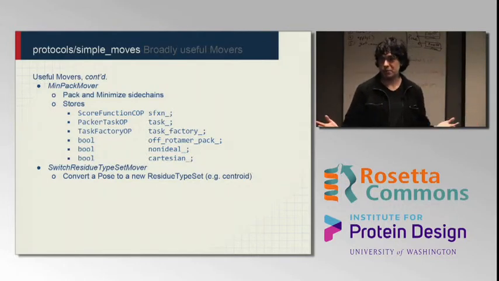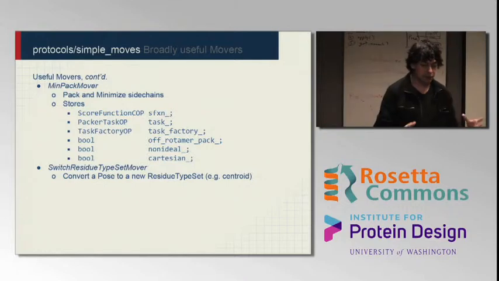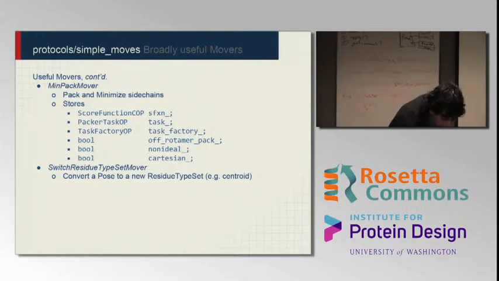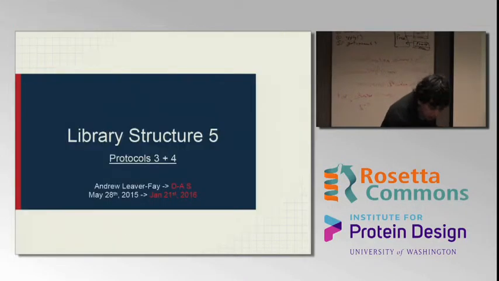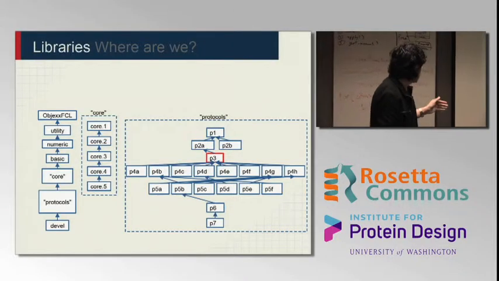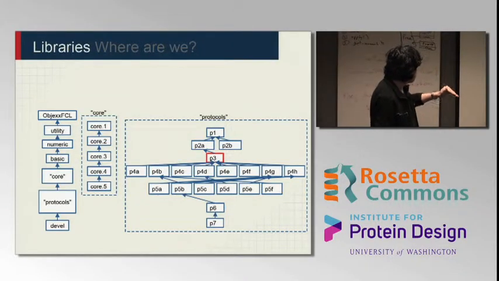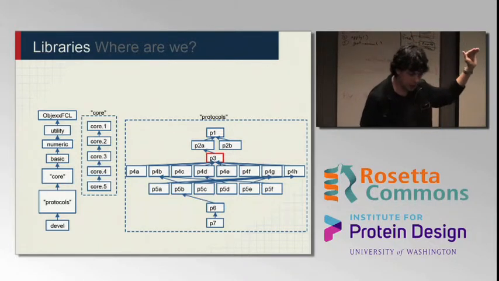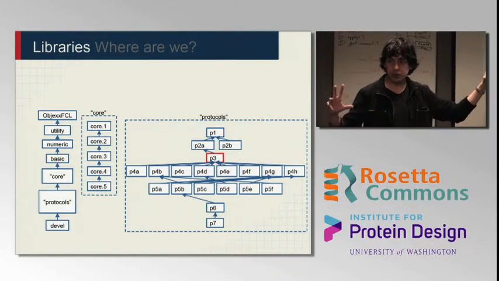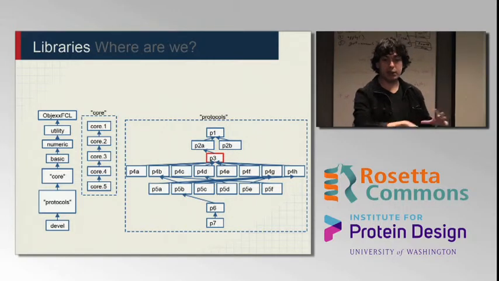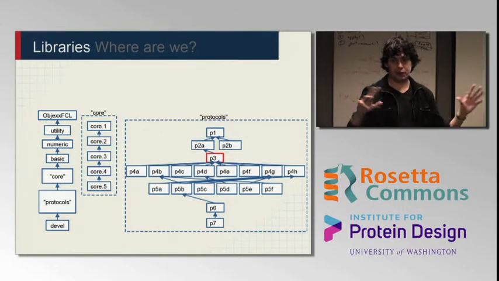It will take some time, probably. But in principle, the foundation of Rosetta is everything below protocols, so from core down to the objects is what builds Rosetta. You could take that and build anything in protocols if you have enough time, right?